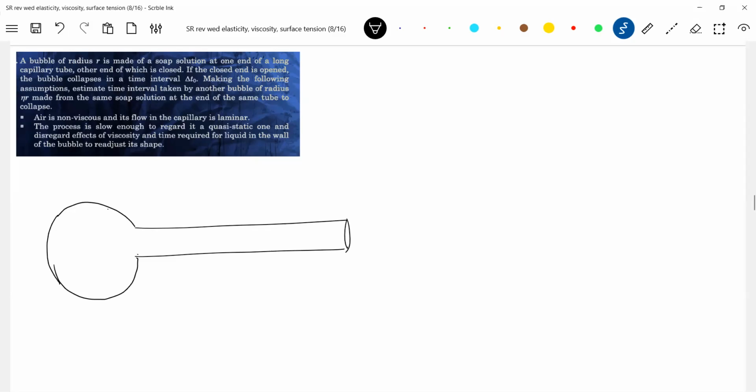There's a bubble having a radius R. I'll show two surfaces, at least you'll come to know why I'm writing the equation like this. There's a layer. Soap solution is present only here. It's not a drop. Inside everything, there'll be air.